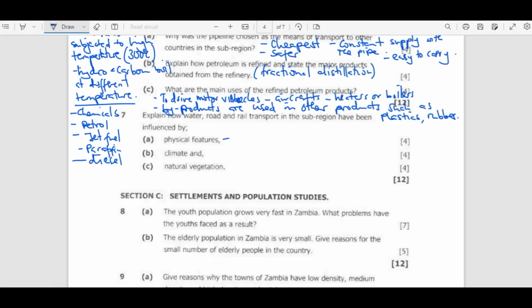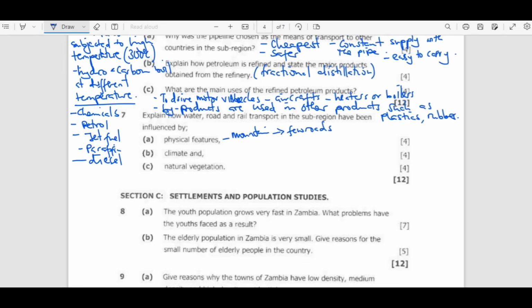Okay, so that is the first one, the water bodies there. And then apart from that, we have huge mountains which has resulted in development of few roads.